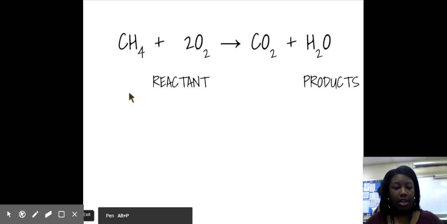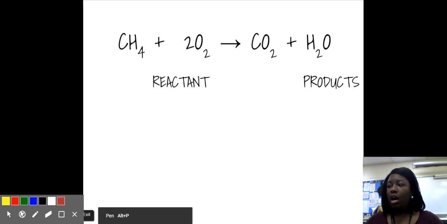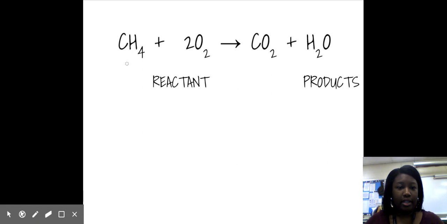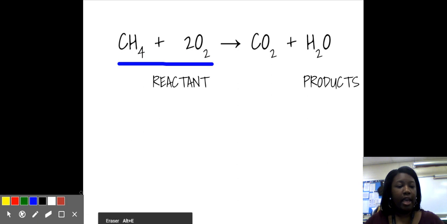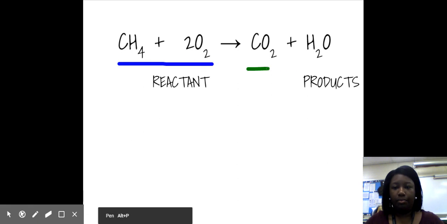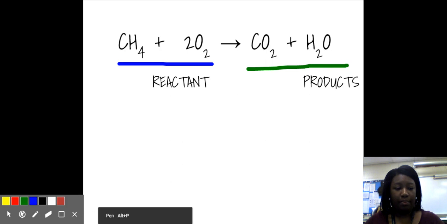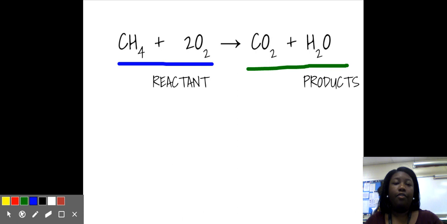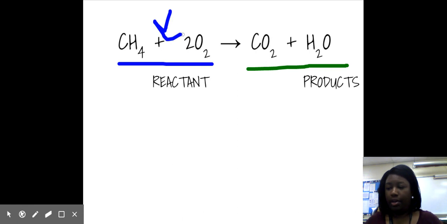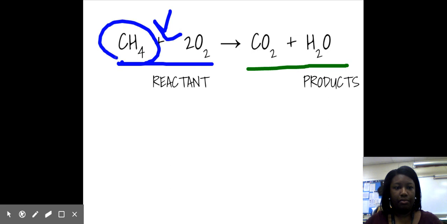All right, we're right here, which is what you see here. These are the reactants, and these are the products. This is the stuff that is in the beginning, okay, that we just talked about. So that's the stuff over here. This means that this is methane, and we have oxygen here, okay.